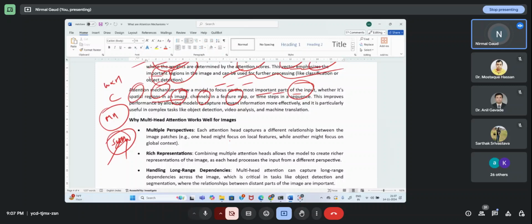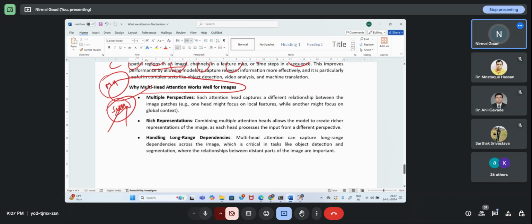Multi-head attention works well for images. That's why in my algorithm I got 90% plus accuracies on pre-trained architectures which were not built for these kinds of images. I taught you VGG16. VGG16 is for ImageNet.